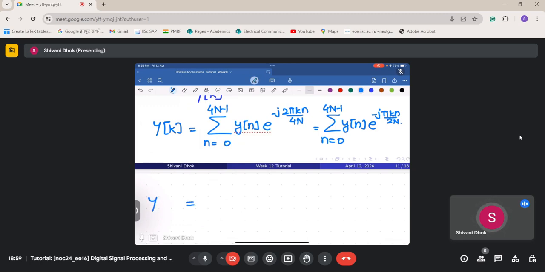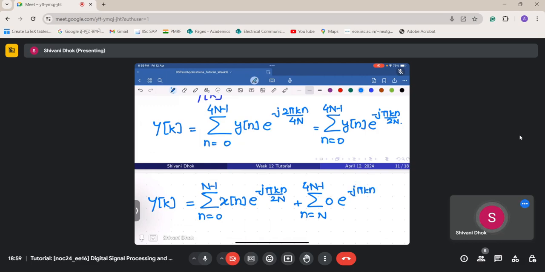Y[k] is the summation n running from 0 to N minus 1 of x[n] into e power minus j pi k n by 2N, plus the summation n running from capital N to 4N minus 1 of 0 into e power minus j pi k n by 2N.